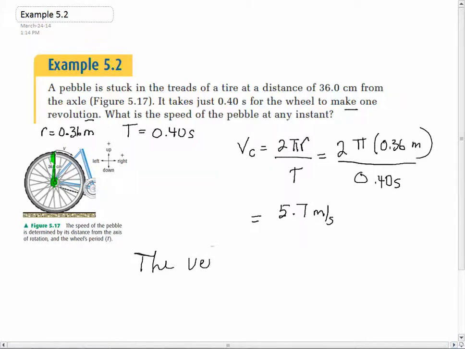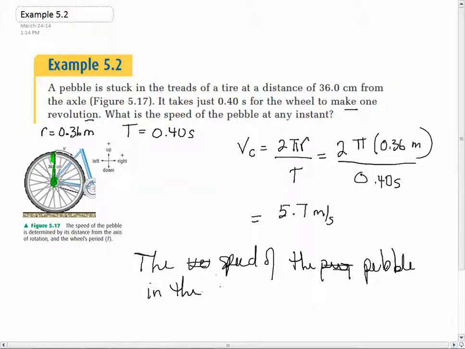The velocity, or speed, of the pebble in the tire tread is 5.7 meters per second.